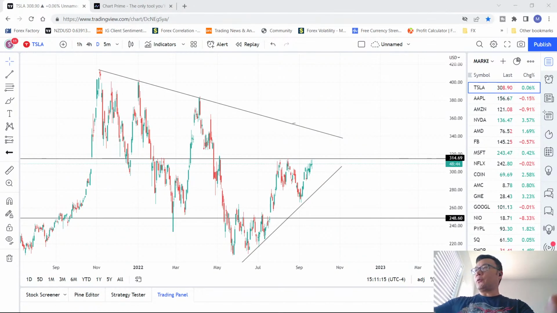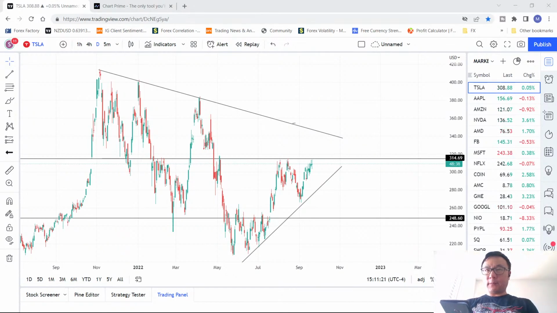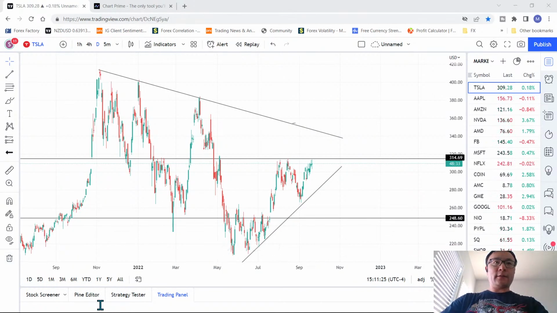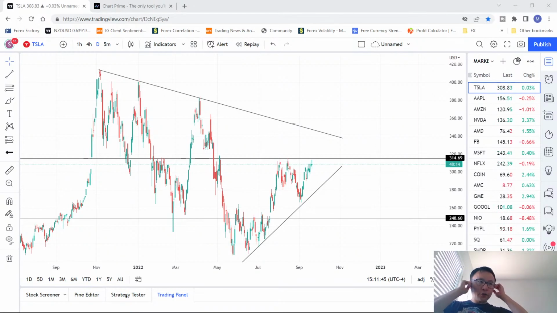Now, if we were to do our risk to reward ratio, let me pull my calculator here. My entry price is 315.50 minus 302.50, so I'm risking $13 per share.